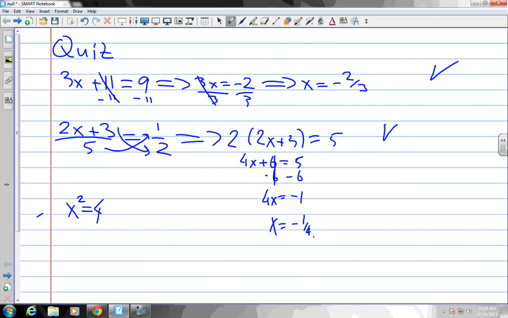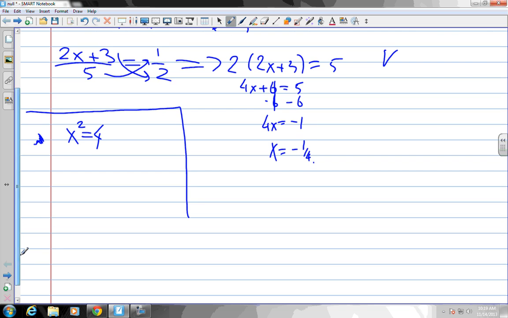Now the last one, I'll probably count that one as an extra credit because that's not a linear equation because of the square, right? So that's no longer a linear equation, but you should still be able to solve that one. Since you're figuring it's going to be 2 times 2 to get 4. You divide it by 2.